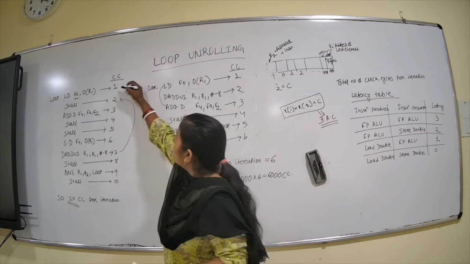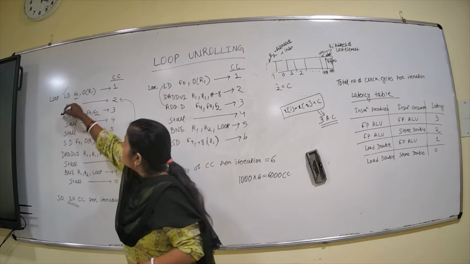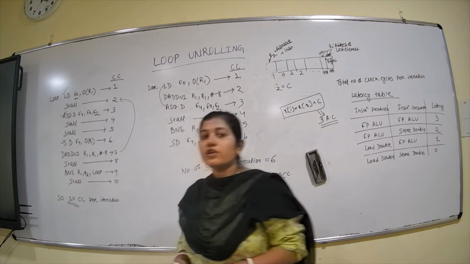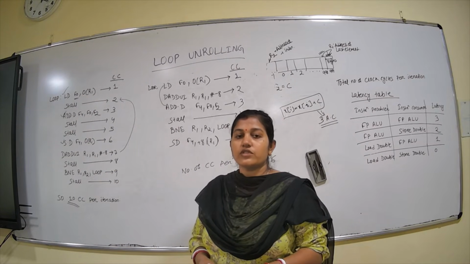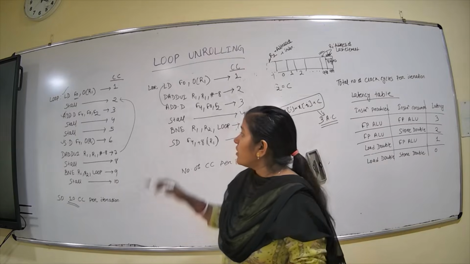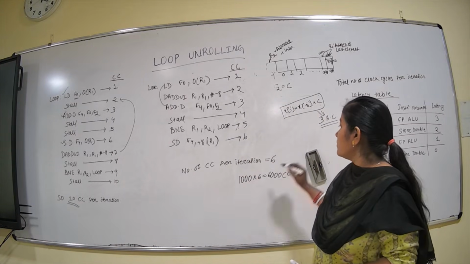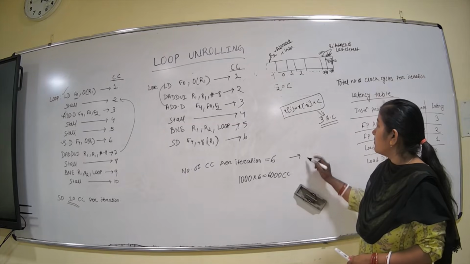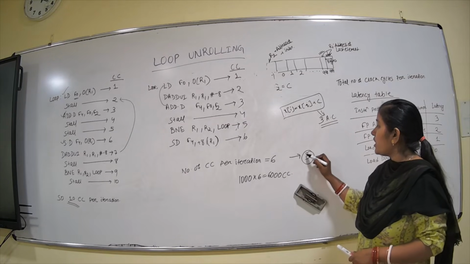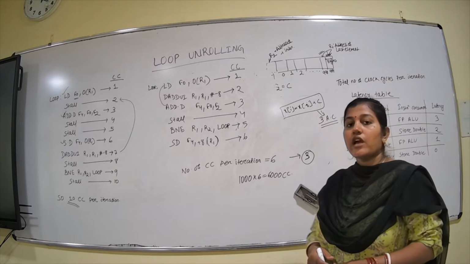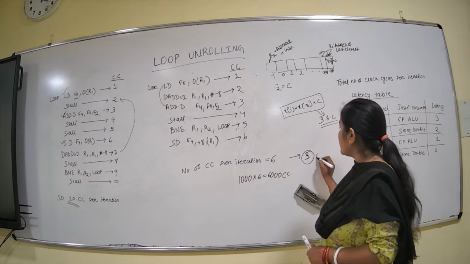So these three instructions are performing x[i] = x[i] + c. Yes or no? So our aim is to reduce the number of clock cycles per iteration to 3. Can we achieve it? 3 clock cycles.